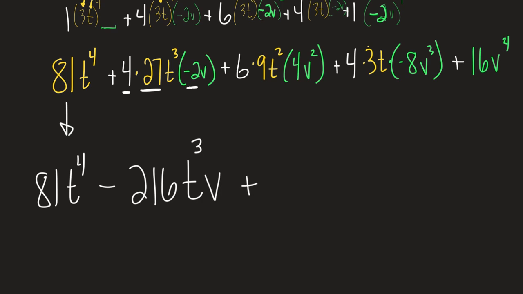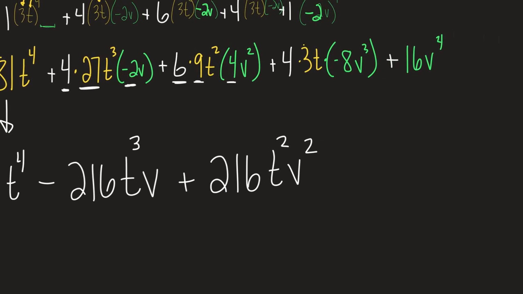Plus 6 times 9 is 54. 54 times 4 is 216. And I have a t squared and a v squared as my variables. So my third term is 216 t squared v squared.